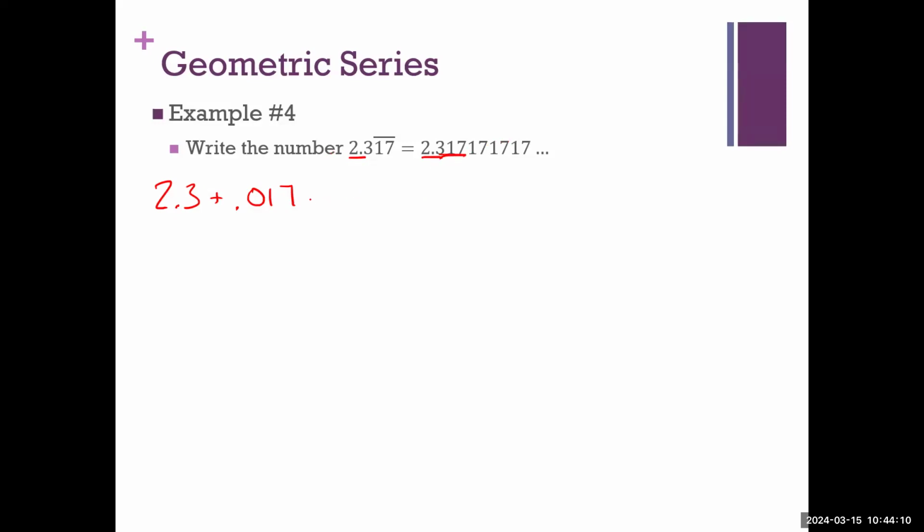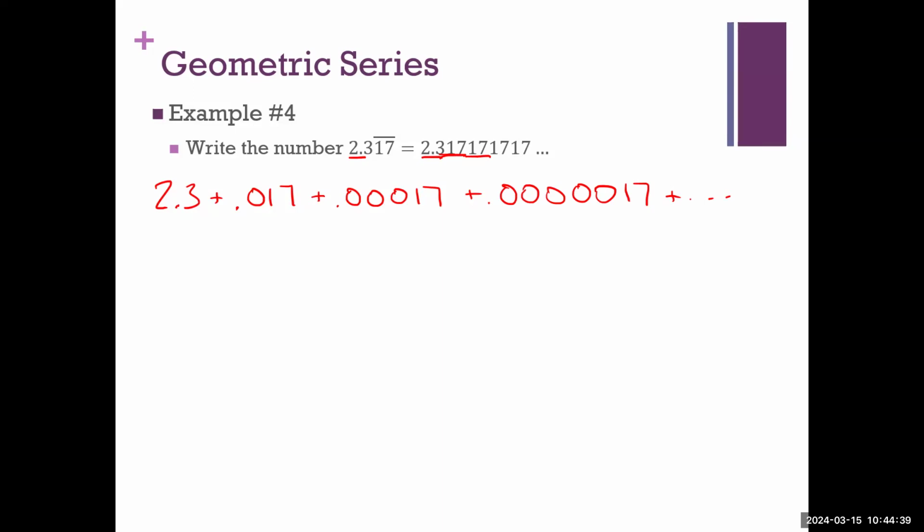Times 10 raised to... Let's get the next 1/7. How many zeros do I need to incorporate that? 0.00017 plus 0.0000017. And that'll continue indefinitely, right?